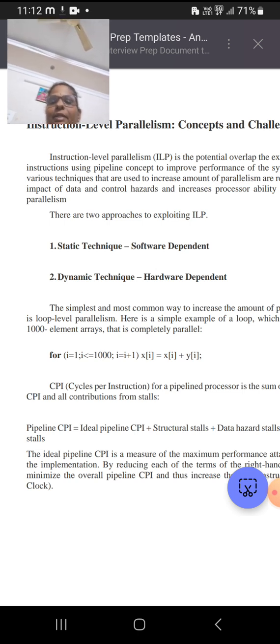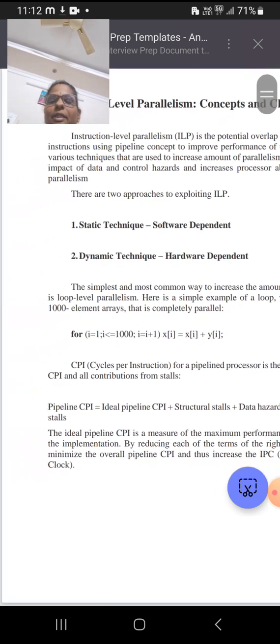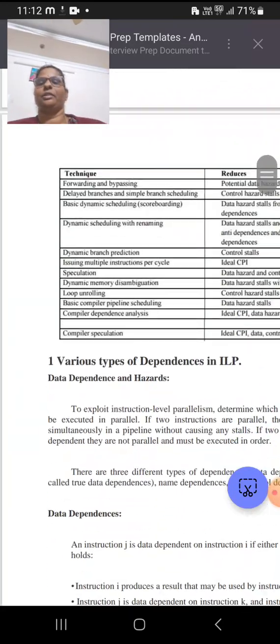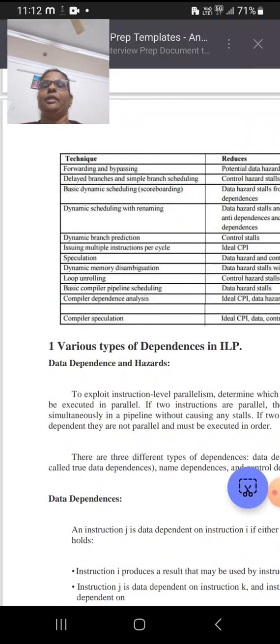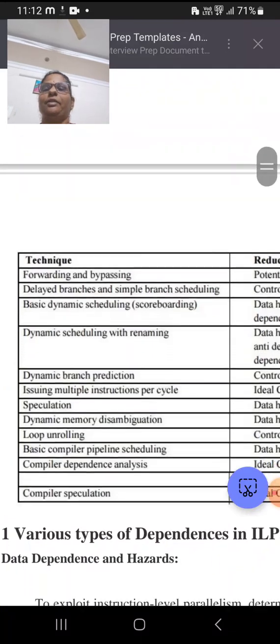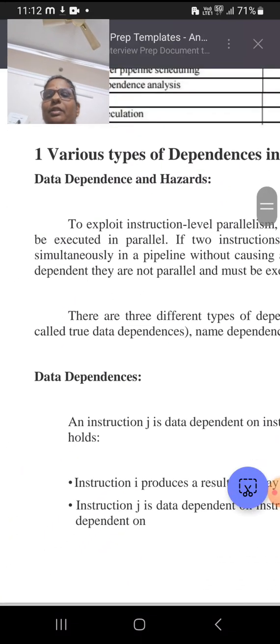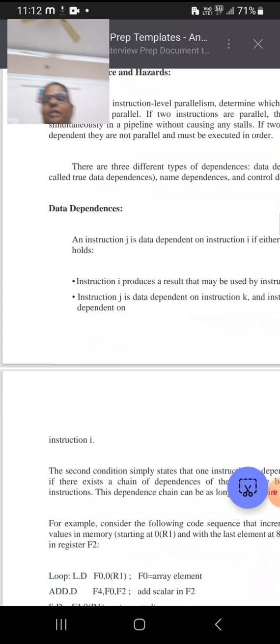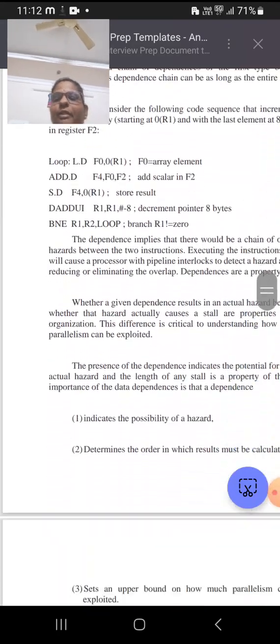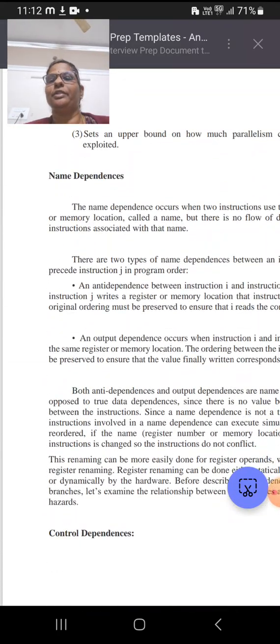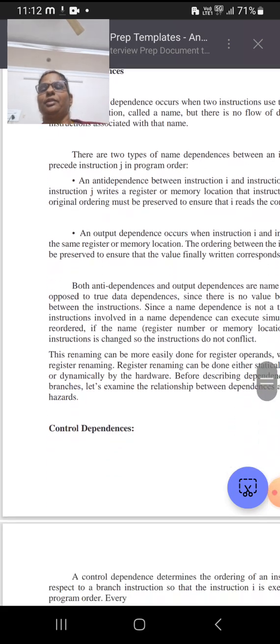Then pipelining cycle per instruction includes ideal pipelining CPI plus structural stalls, data hazards and control hazards. So here it's taking the techniques and references of instruction level parallelism: various types of hazards, data dependencies, control hazards and structural hazards.